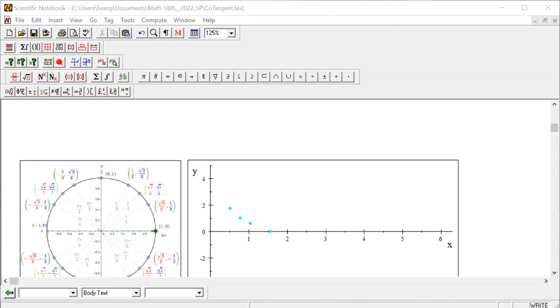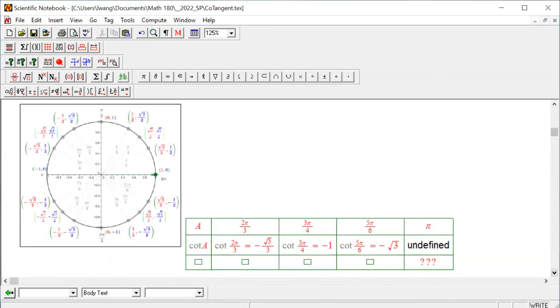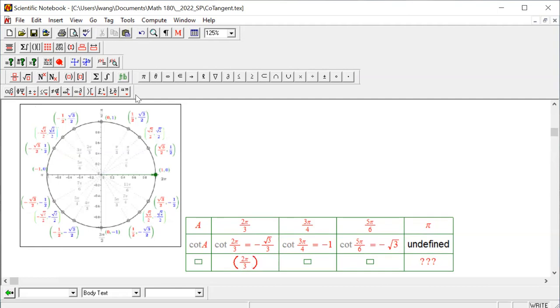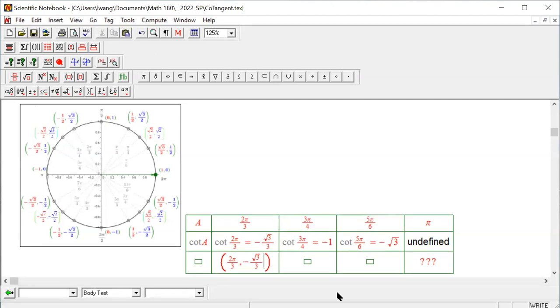Okay, so let's look at the second quadrant. We have an estimate, right? On the second quadrant, we have these points: 2 pi over 3, and the ratio of negative √3 over 3.